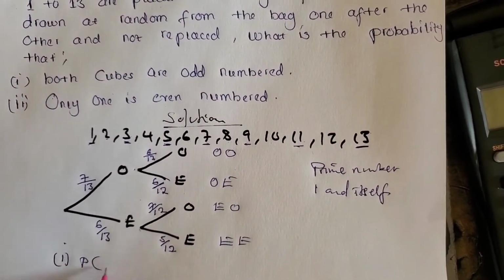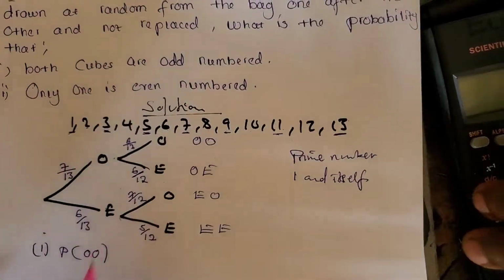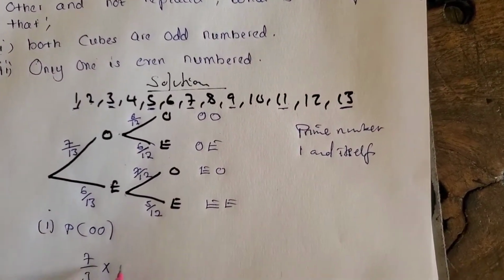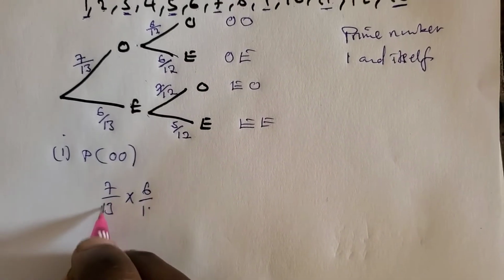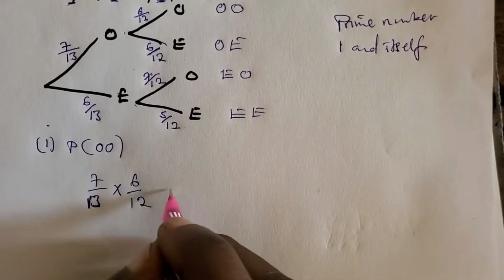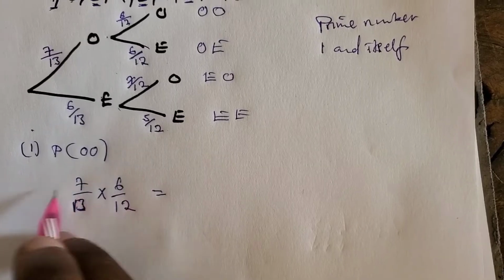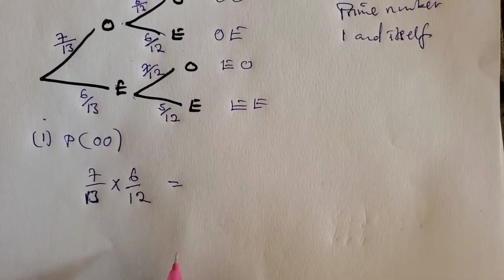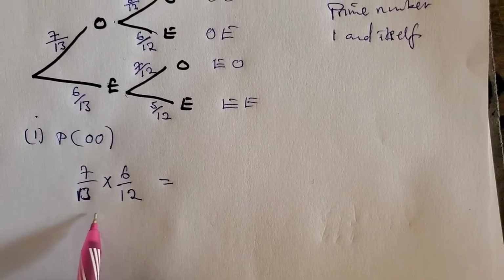So it will be the probability of odd odd, which will be the first odd, 7 over 13, multiplied by 6 over 13... then here 6 over 12. Which we can reduce. Use a calculator to reduce, because this is paper 2. We can reduce 6 here, 1, 6 here, 2, and the answer will be 7 over 26.